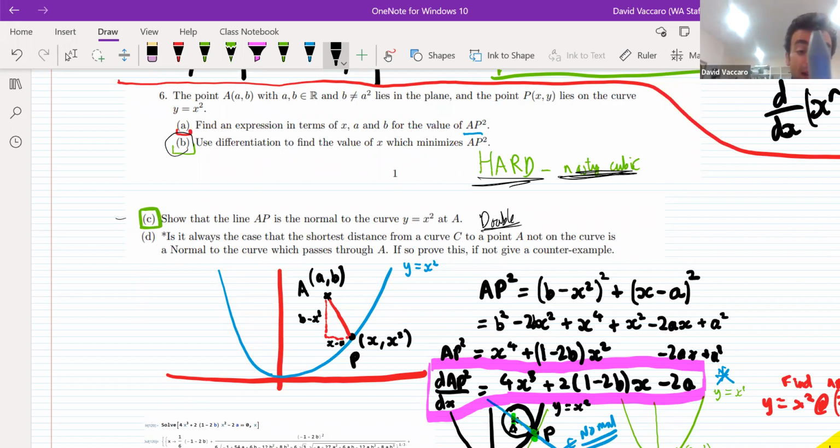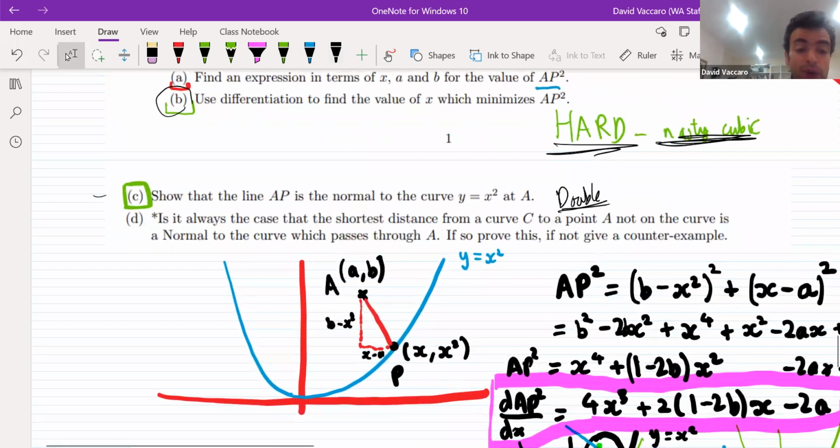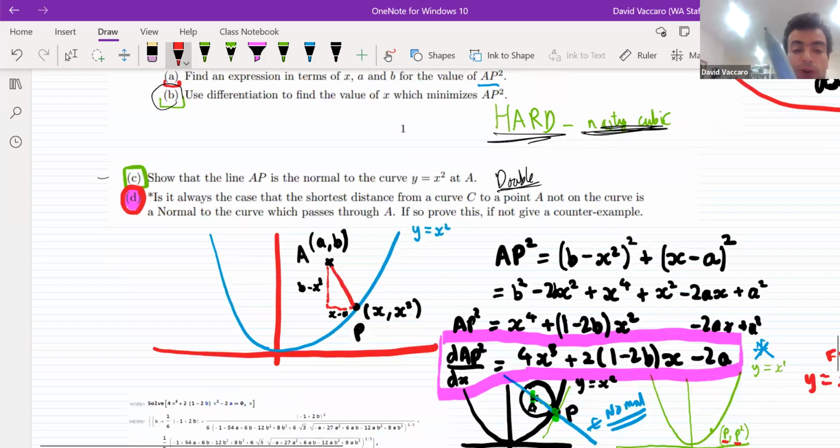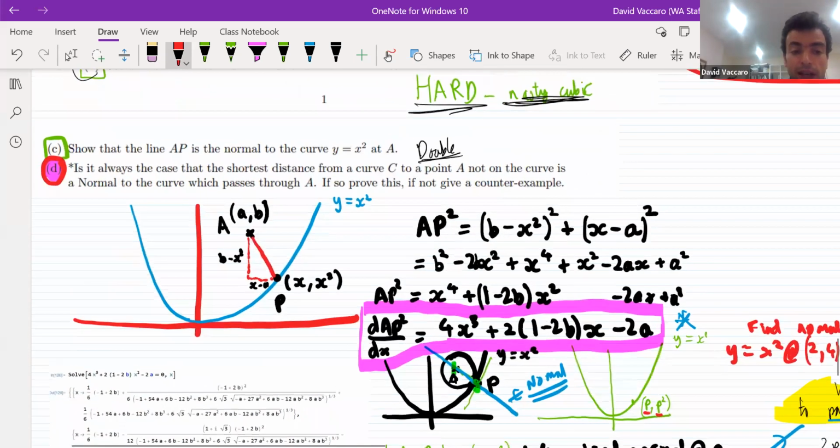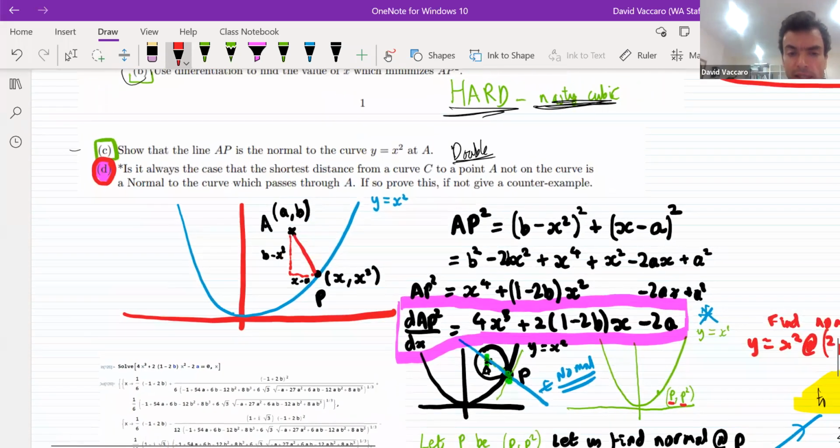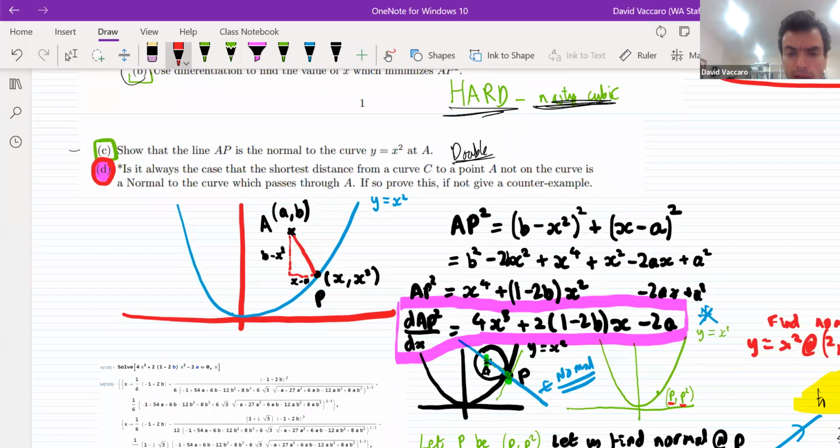Okay, and now finally, here's a little vote. I won't ask you to prove it, but who thinks there's a general theorem that we can prove here? Is it always the case that the shortest distance from a curve C to a point A not on the curve is a point on the curve where the normal to the curve passes through A?